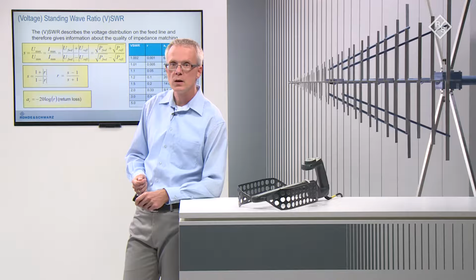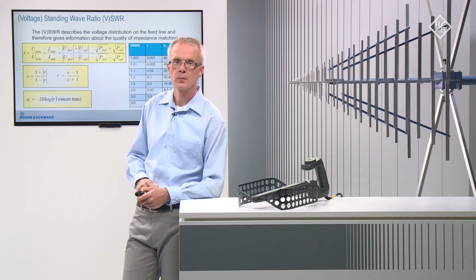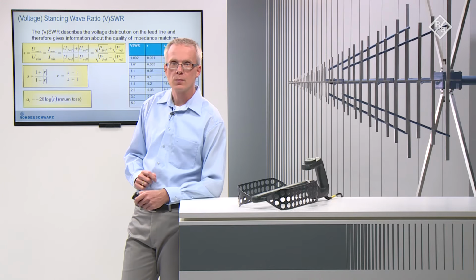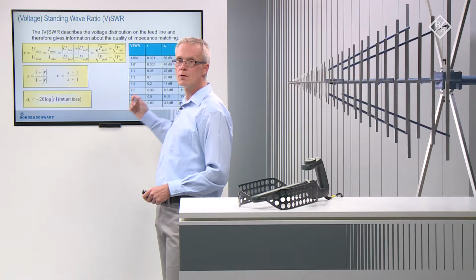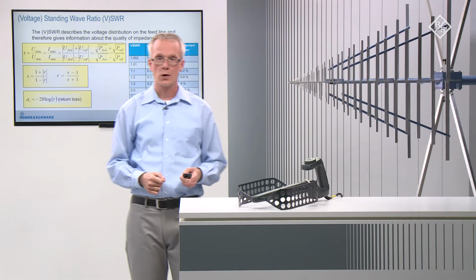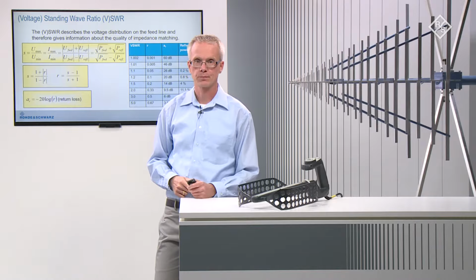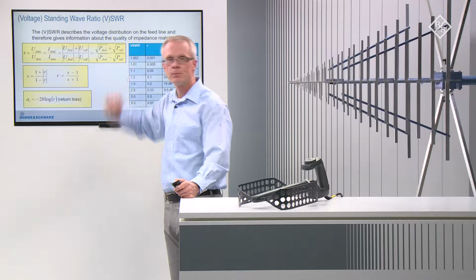Sometimes, for simplicity, the letter V or the word voltage is omitted. VSWR is primarily defined as a ratio of the maximum and minimum voltage on a transmission line. But, as can be seen from the formula above, it can also be calculated from currents or power levels. It is furthermore related to the reflection coefficient R by the formulas shown here in the middle.